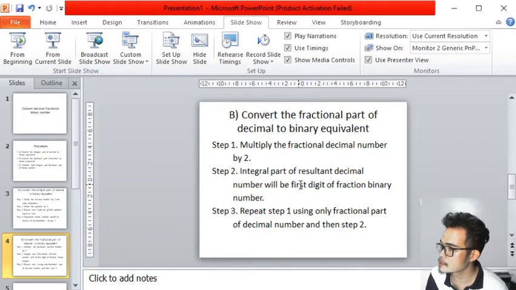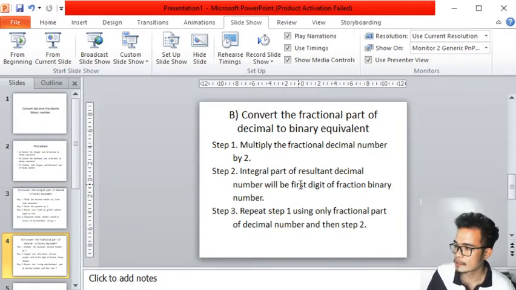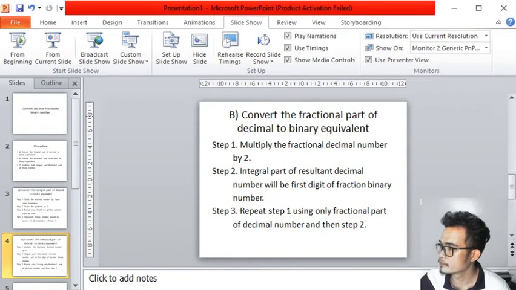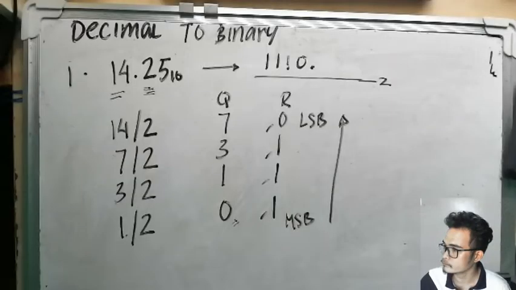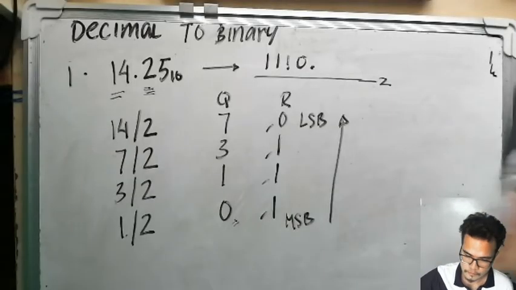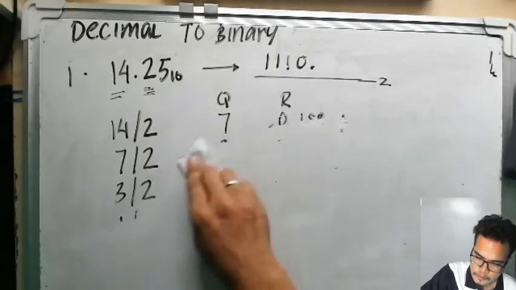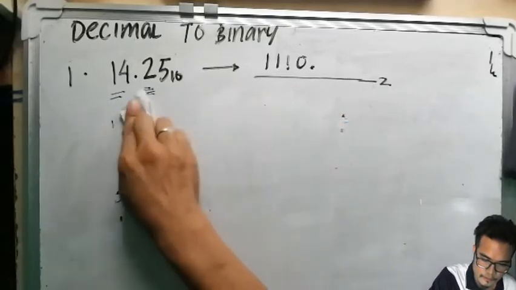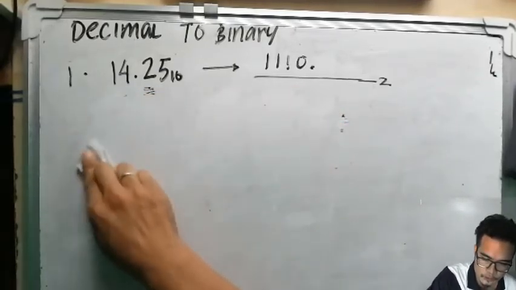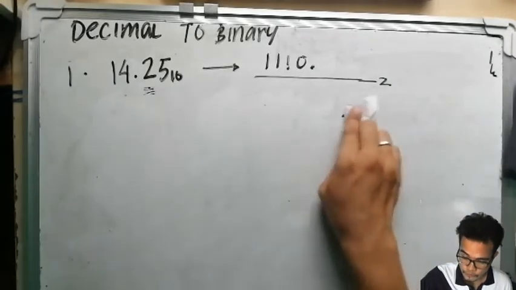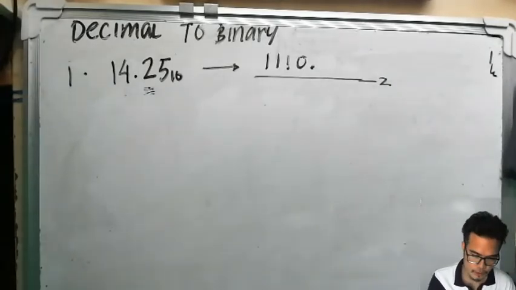Step 3: repeat step 1 using only the fractional part, and then step 2. I will demonstrate how to do that. We are going to convert the fractional part, which is 0.25.